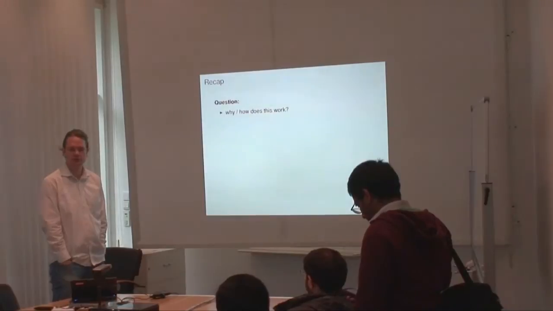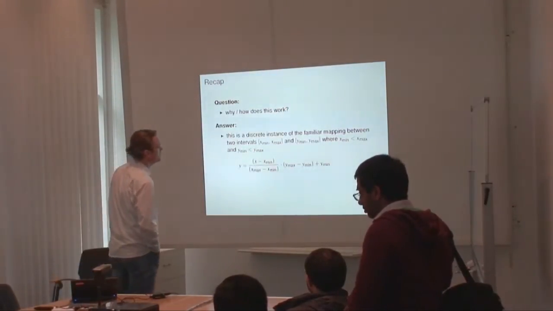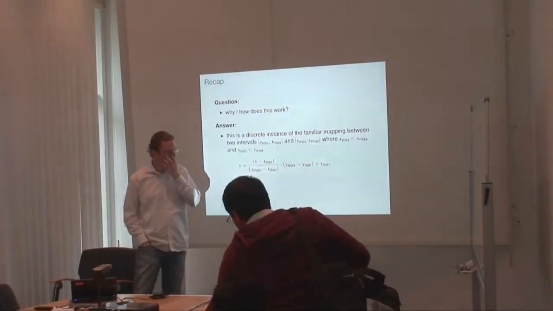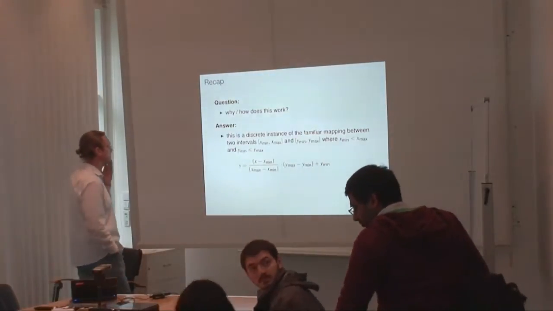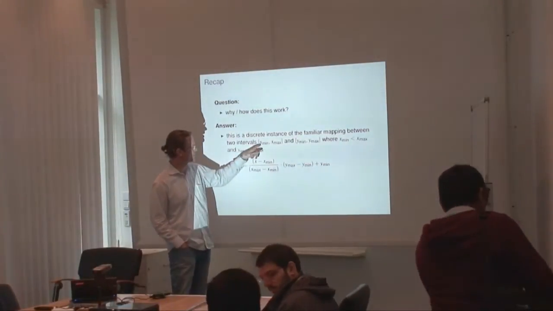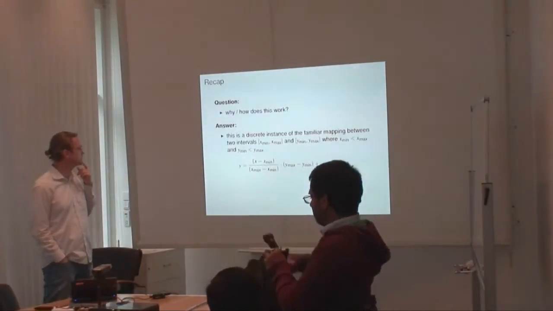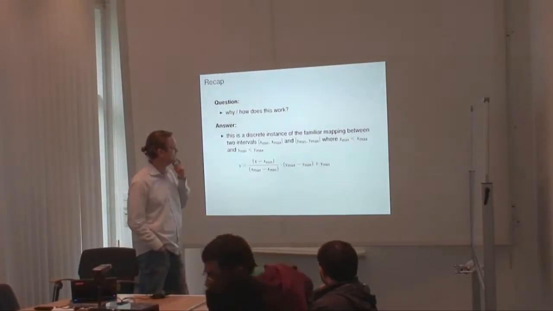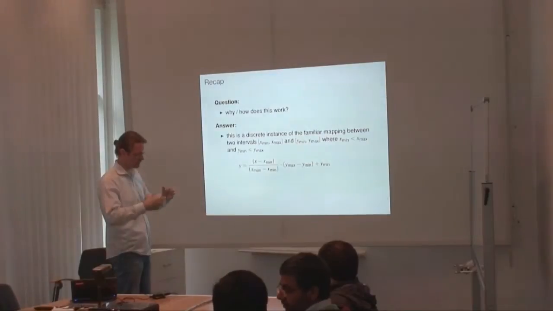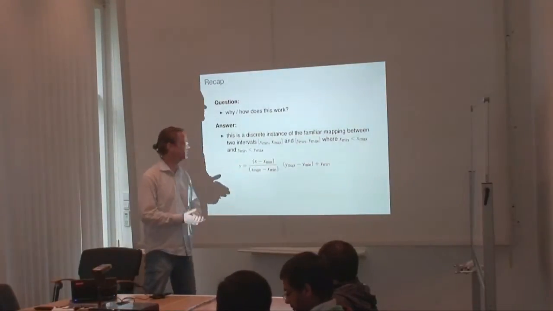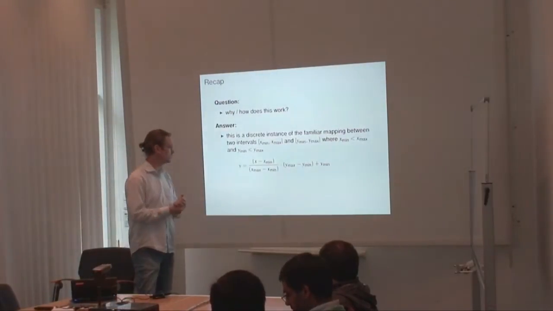Why or how does this work? Well, this is just an instance of this familiar mapping between two intervals. Here I assume that we are given an interval ranging from x min to x max, real valued numbers here, and we're given another interval ranging from y min to y max, and I require that x min really is less than x max and y min is really less than y max.